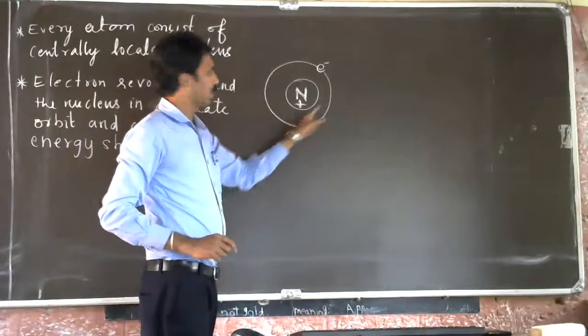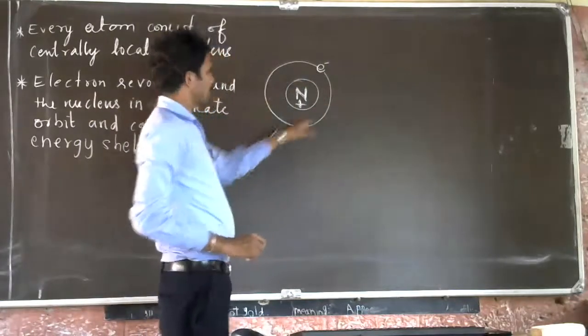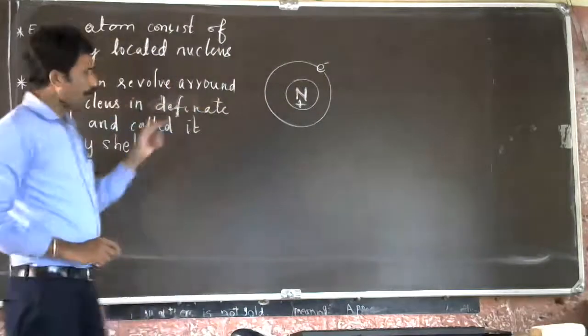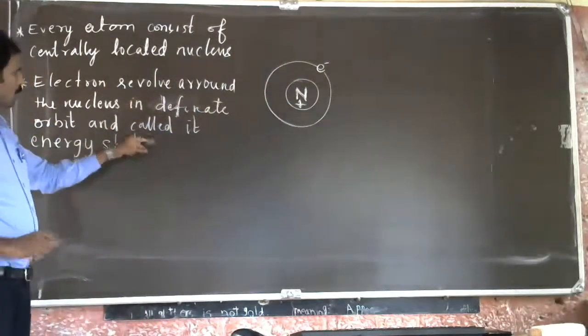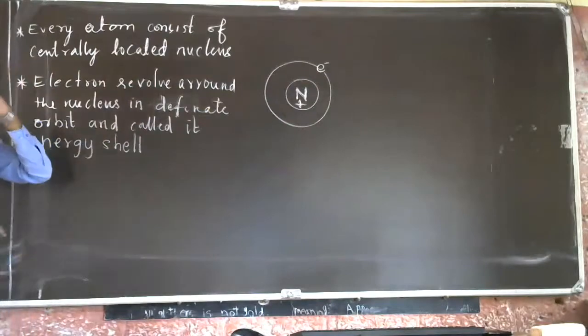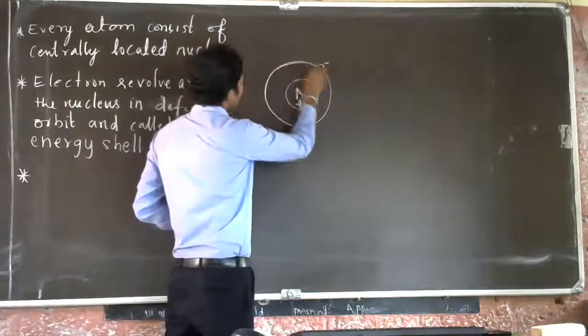He told that every electron will revolve around in a path or an orbit. That orbit is called an energy shell. Understood? So that he told.